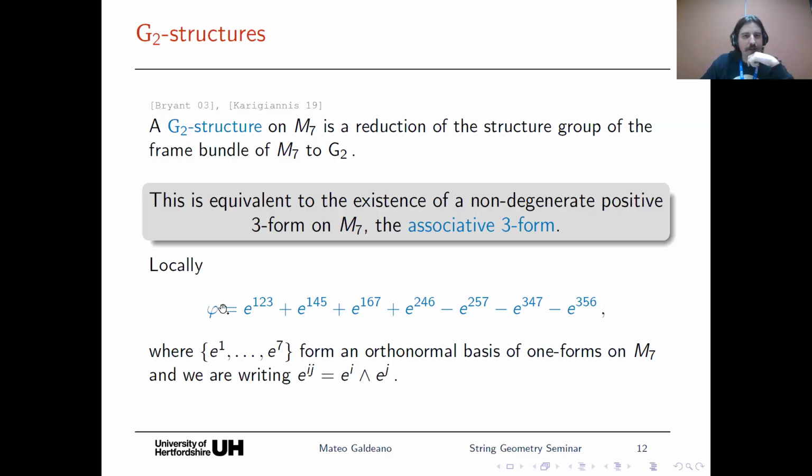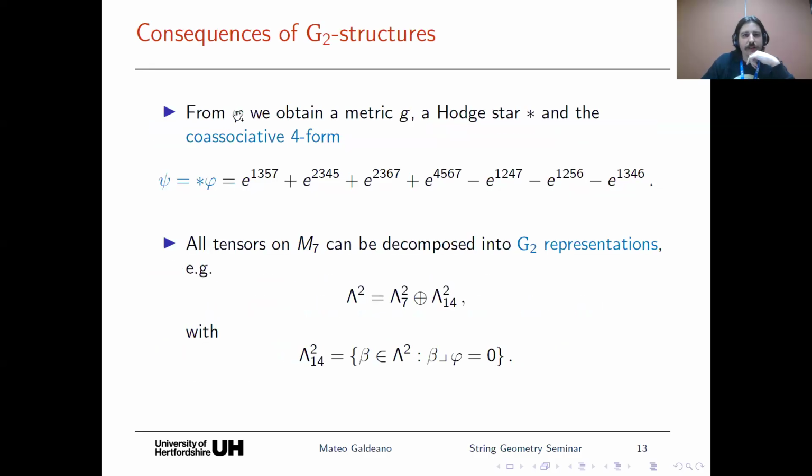Good. But this 3-form immediately comes with some extra perks. From this 3-form, we can immediately construct a metric. There's some formula to do this. There's a Hodge star as well, which gives us this co-associative 4-form, the Hodge star of phi, which we call psi.